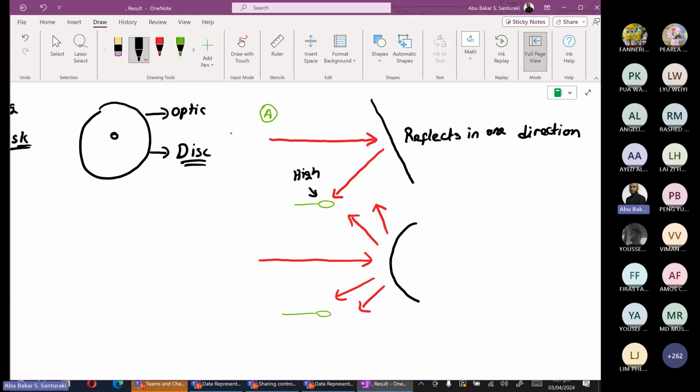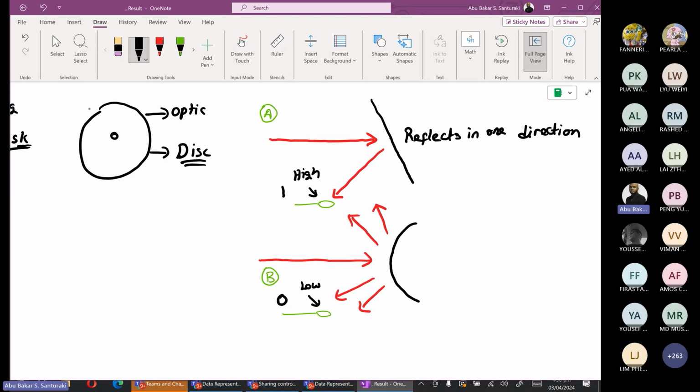Whereas in case B, where the light hits a curved surface and scatters, the lens receives a low amount of reflected light back. So by measuring the amount of light in this case, you can determine whether you are going to designate a 1 or a 0 to the feedback. Does that make sense, people? So I can use the reflective property of light to encode a 0 or a 1.